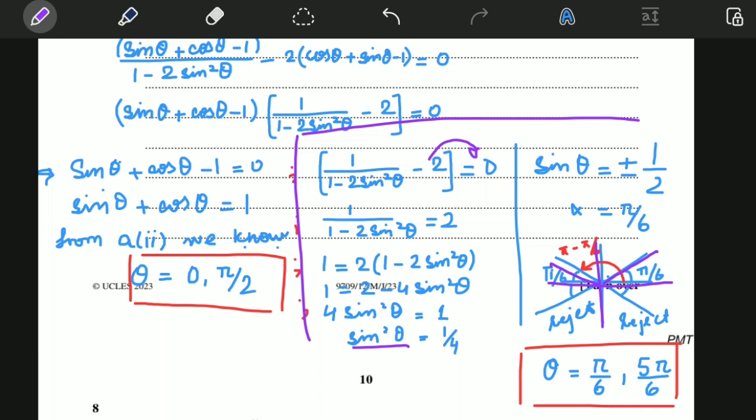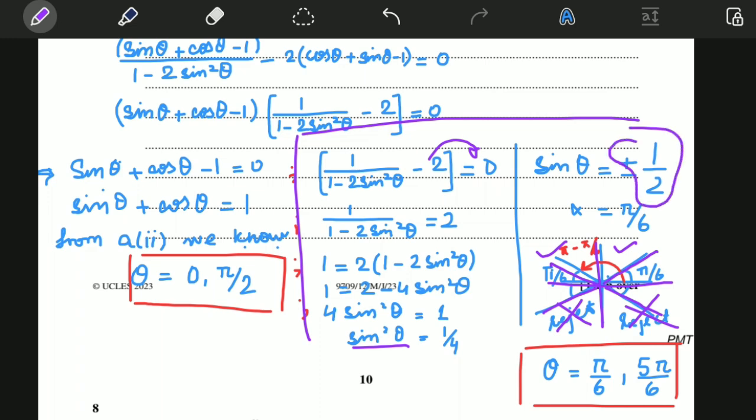Pi by 6 will be all over here. The range is just in the first two quadrants, so these two will be rejected. In the first quadrant it is pi by 6, and for the second quadrant, ASTC. Sine is positive for the first two quadrants, so we will just have the solution for this one.